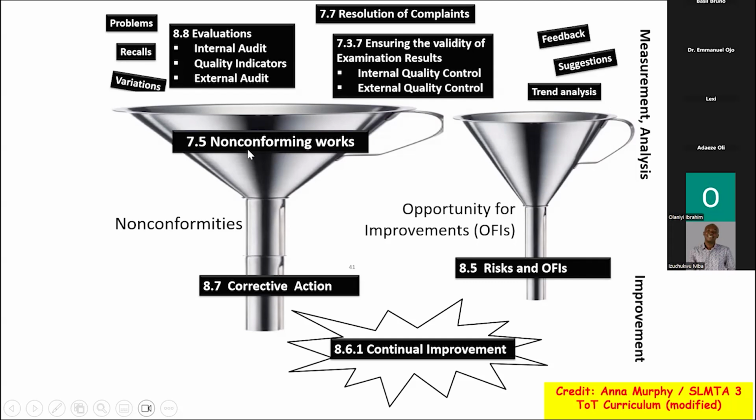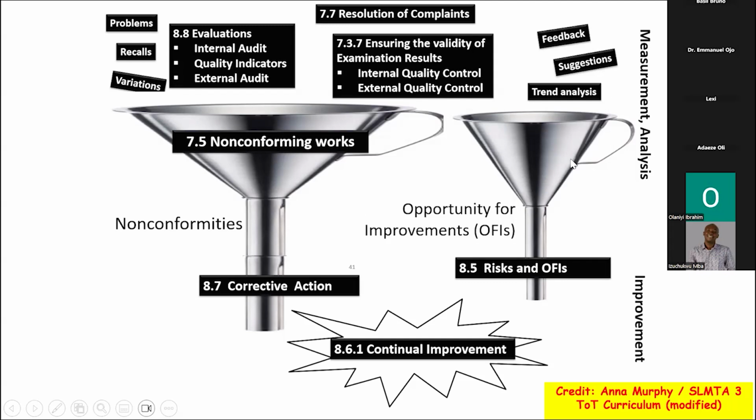So clause 7.5 of the current version of the standard talks about non-conforming works. Non-conformities are raised, they are investigated, appropriate corrective action is taken, and then this will lead to continual improvement.